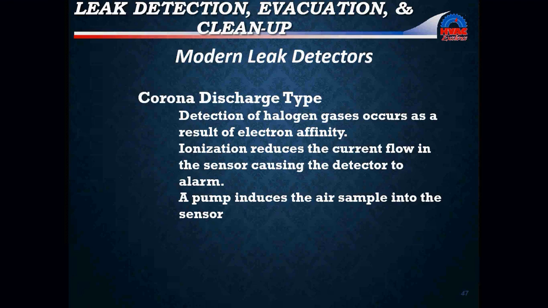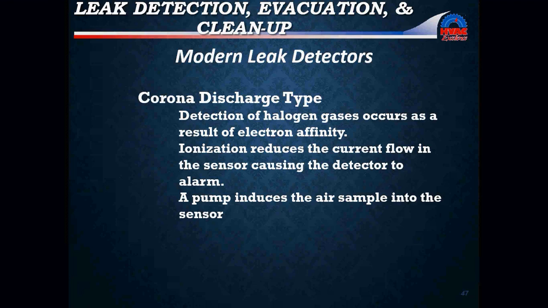Your corona discharge type: detection of halogen gases occurs as a result of electron affinity. Ionization reduces the current flow. The sensor causes the detector to go into an alarm, and a pump induces the air sample into the sensor.